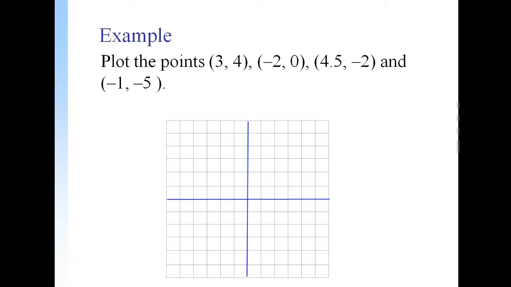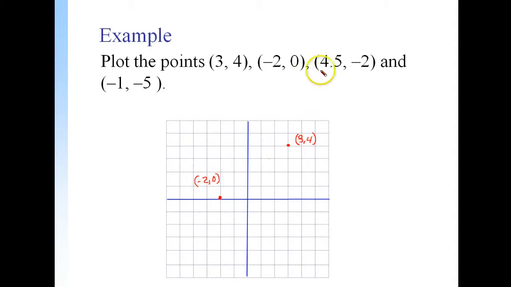So in plotting points then, we're going to start at 3, 4, so there's 0, 1, 2, 3, 1, 2, 3, 4. And we'll just put it there, 3, 4. And then -2, 0. So we'll start at 0, go over to -2, and we don't go up or down. So this would be -2, 0.